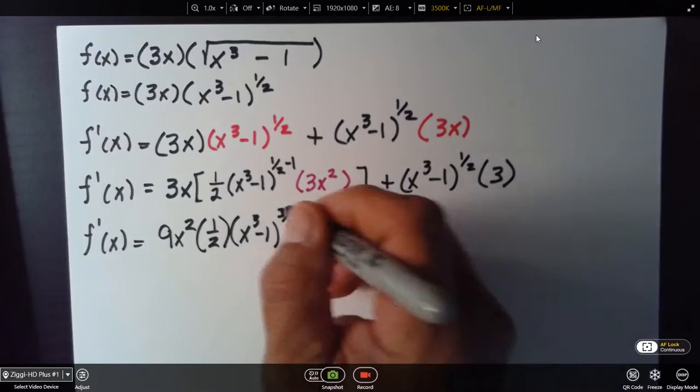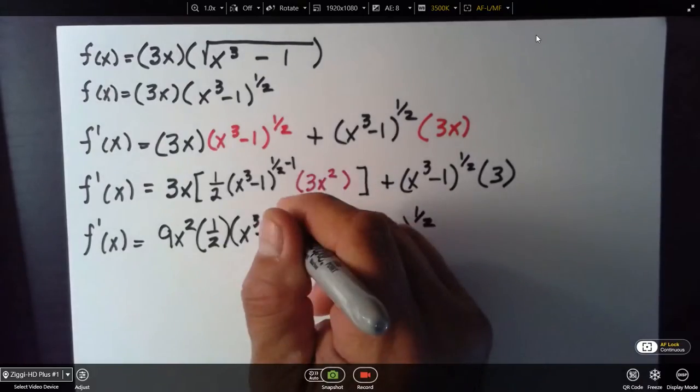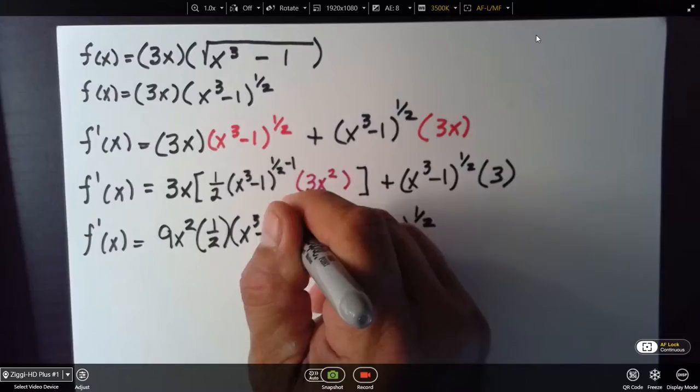That's not 3/2, that's negative 1/2. My bad. Negative 1/2. I thought something was wrong.